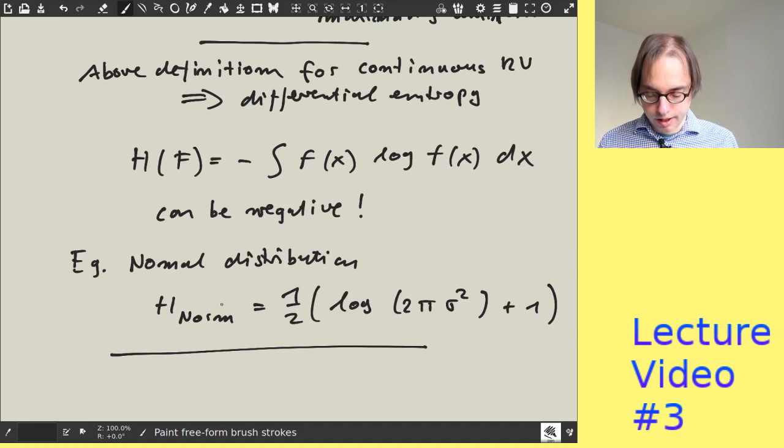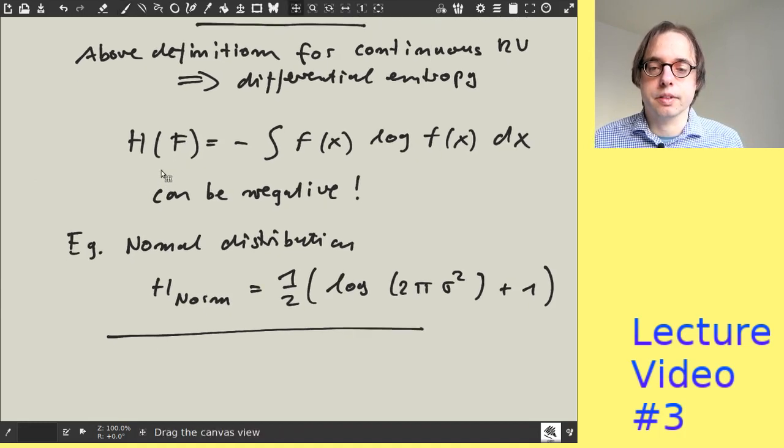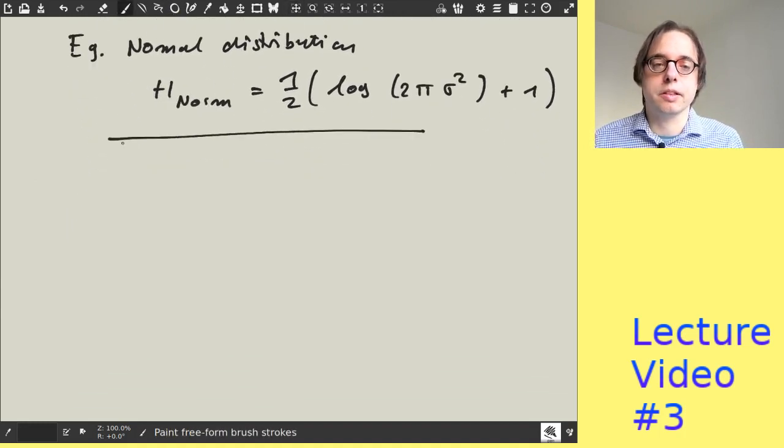So this is one way entropy is used. Now let's move on to something called the cross entropy.